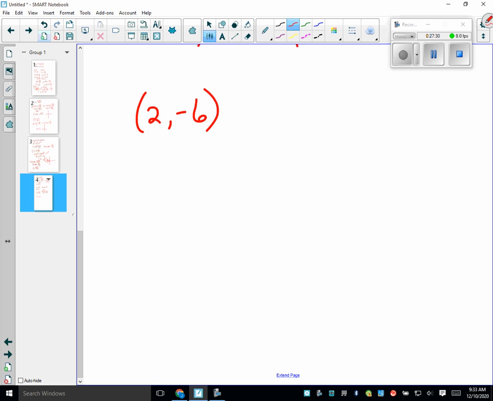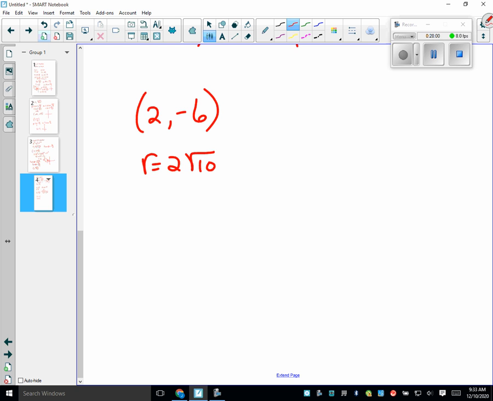This is rectangular, we're going to polar. What is R? Square root of 40. Isn't that 2 radical 10? Remember, you've got that program on your calculator, don't you? So R is 2 radical 10, right?